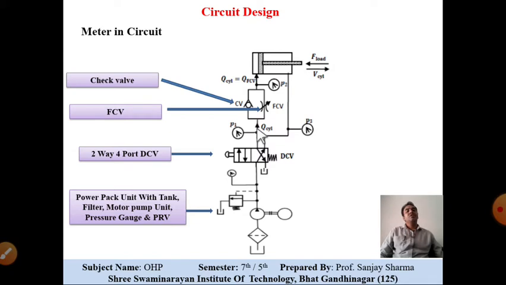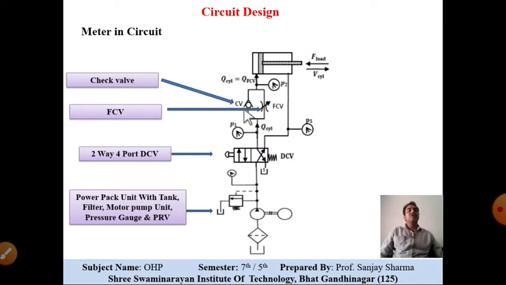Whatever the flow is taking place, it will enter on the piston side. Now if we control the flow rate as very low, then the piston will extend very slowly. And if we increase the flow control, then it will move very fast. So by controlling this, the flow takes place through the direction control.